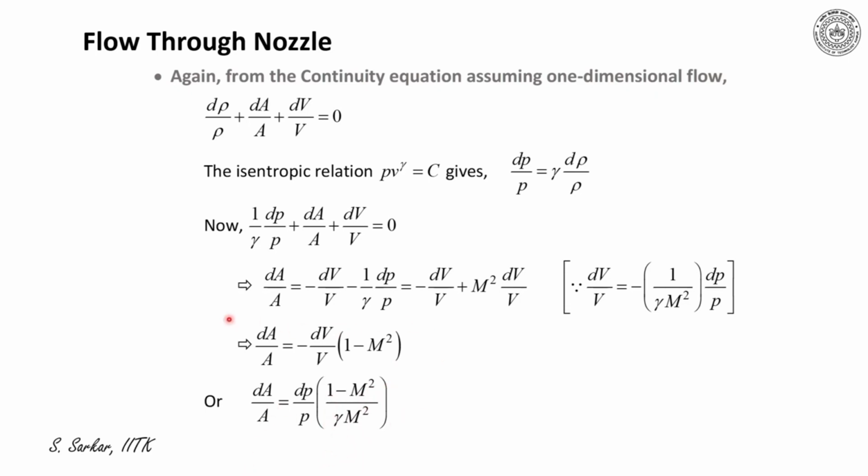Thus, these two equations, which are dA by A is equal to minus dV by V within the bracket 1 minus M squared, or dA by A is equal to dP by P within the bracket 1 minus M squared divided by gamma into M squared, are very important, and the physical implications of these two equations will be explained in the next slides.